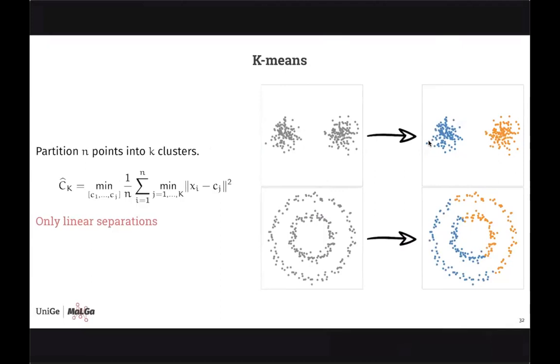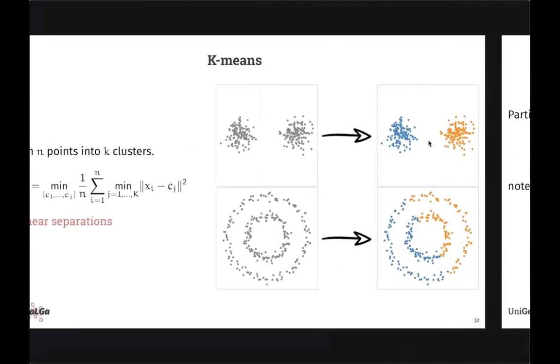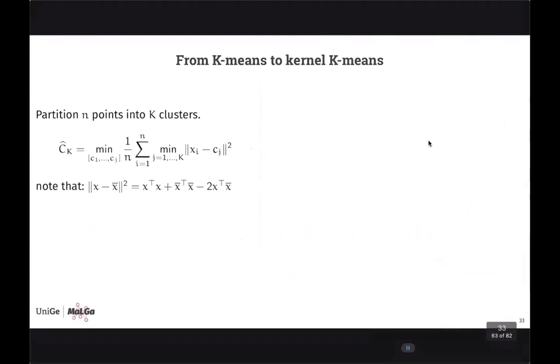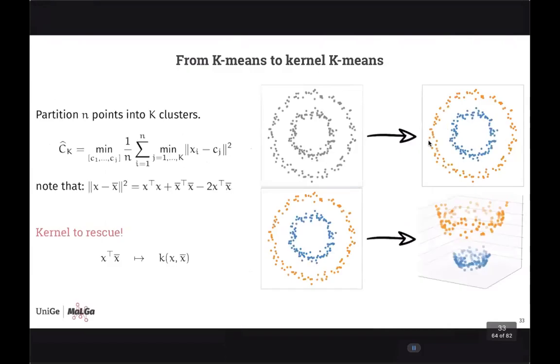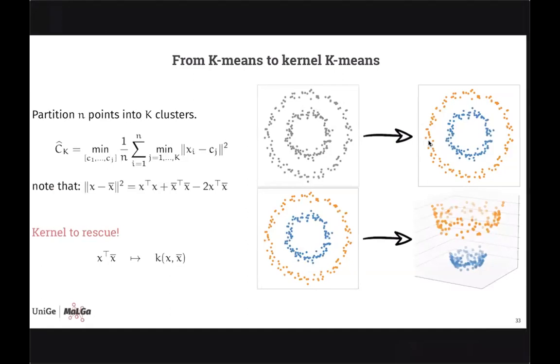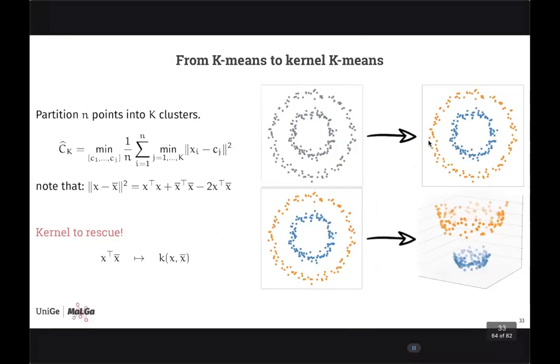The idea of kernel K-means is to cure K-means by observing that K-means is based only on square distances. Square distances can be written in terms of inner products, and so you can replace the inner products with kernels. I won't give more details than this, but the basic idea is that you can do a kernel formulation of K-means, replacing inner products with kernels, and what you obtain in this case, as you see, is that in the original data space you don't have linear separation anymore.